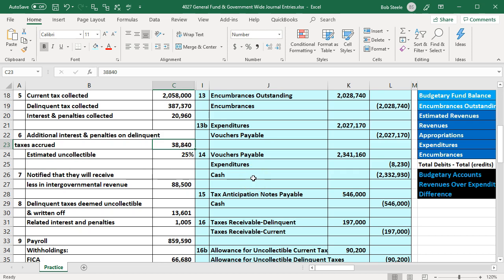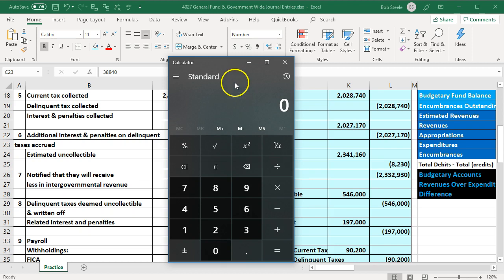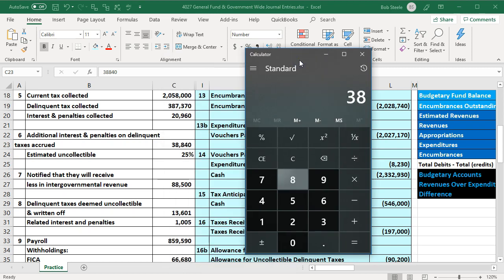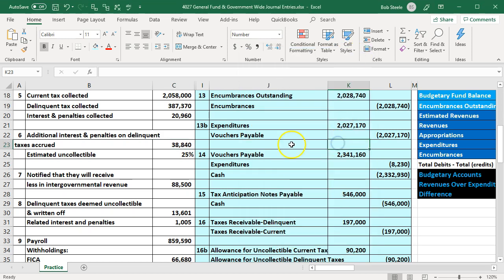That item is going to be, actually, we had the 38,840 times 0.25, or 9,710 not collectible, minus 38,840, 29,130 collectible. Or in other words, I'm going to unhide the cells up here so we can see these.